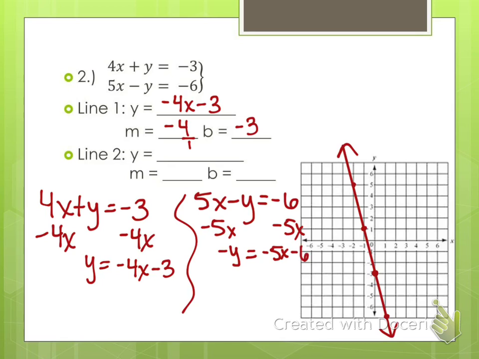But we don't want a negative y, we want positive y. So don't forget to divide off a negative 1 or just flip all of the signs. If you're changing the sign on the y, the other signs change also. They were all negative, so now they're going to be all positive. So now positive 5x plus 6. That's what goes on that first line, 5x plus 6.